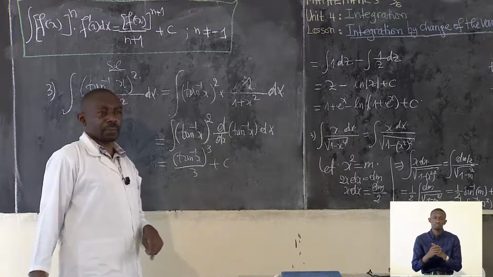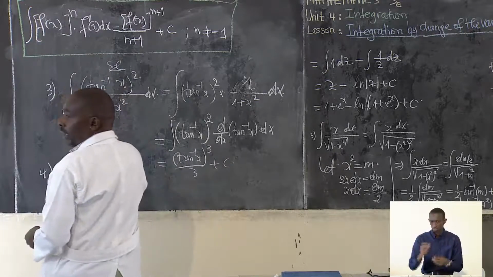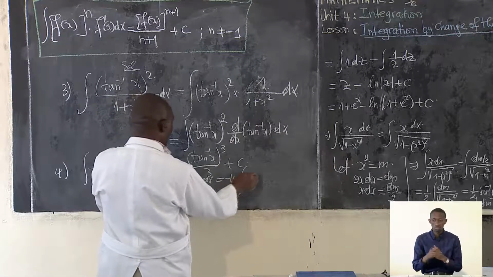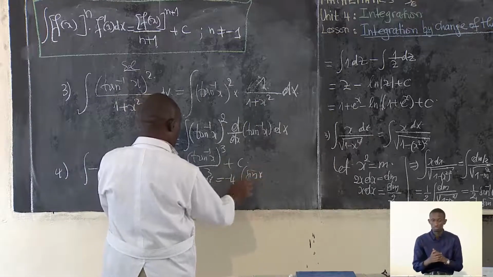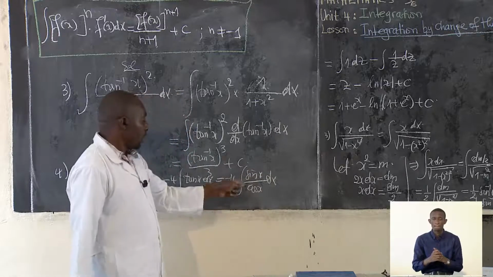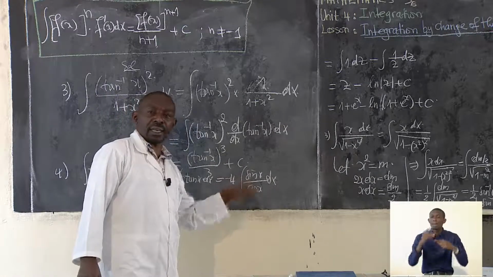And I'm done. Right? And number 4: the integral of minus 4 tan x dx. This can be written as minus 4 times the integral of tan x dx, which is minus 4 times the integral of sin x over cos x dx. Already, we know that the derivative of cos x is minus sin x.